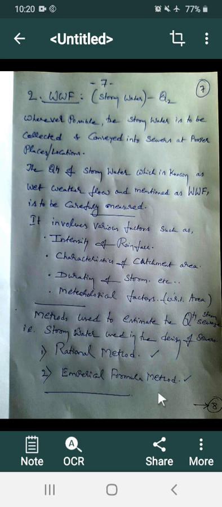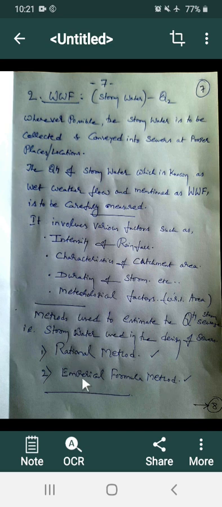One is the rational formula method, and another one is the empirical formula method. Both you have to know for the examination. These two formulas are very, very important. Even in design, they will ask either by rational method or empirical formula method.